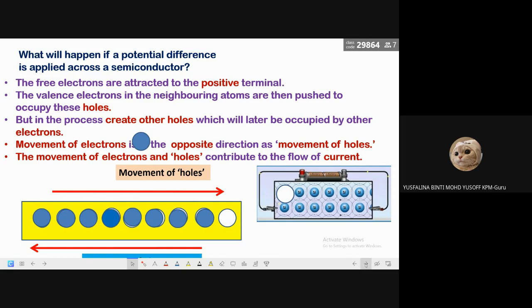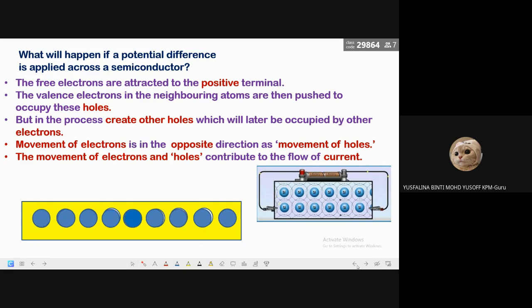Maybe we can rewind that one. So the free electrons are attracted to the positive terminal. The valence electrons in the neighboring atoms are then pushed to occupy this hole. So actually what happened here? This one goes to the positive terminal.